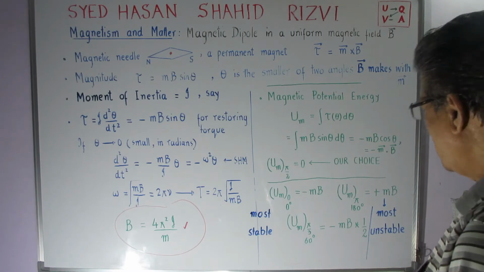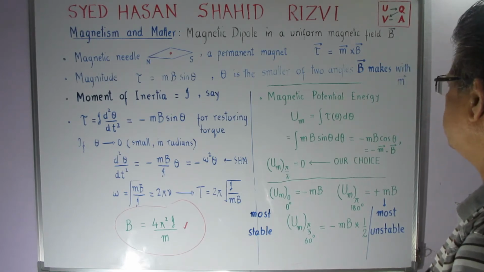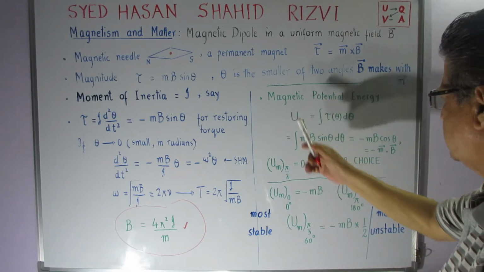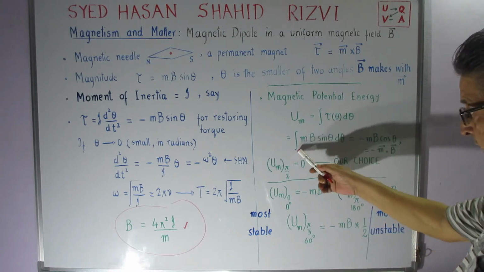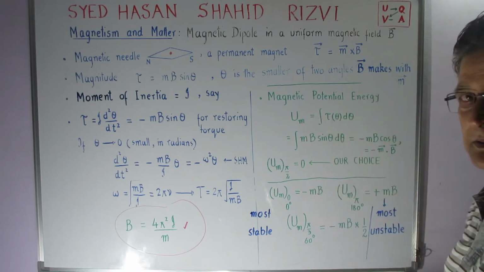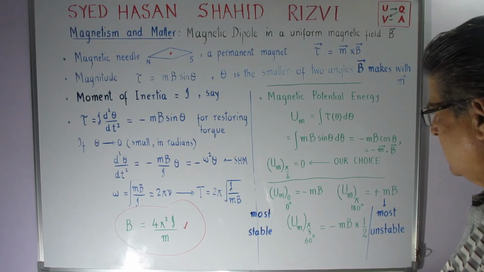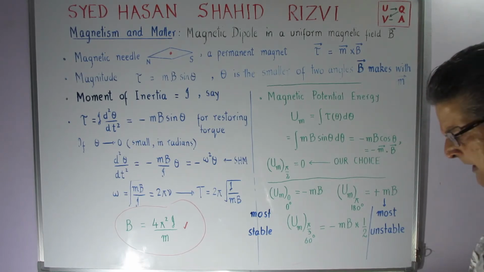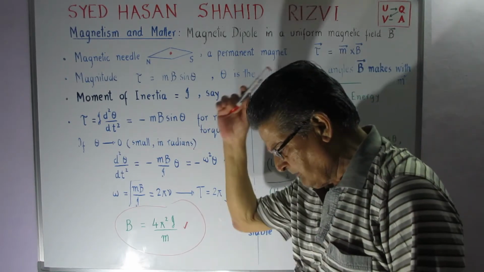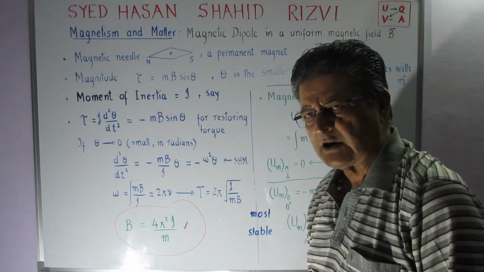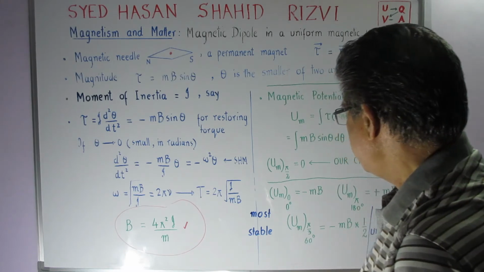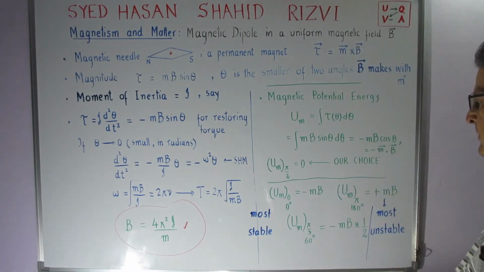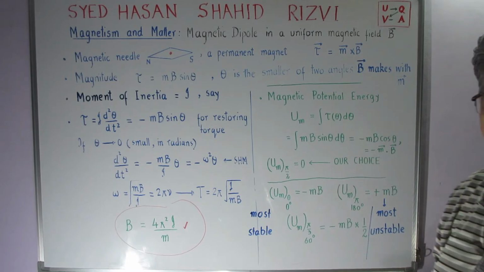The dot product of the two vectors m and b is associated with the magnetic potential energy of the system. Now, I have not taken any limits over here, but whenever we have been talking about potential and potential energy, we have had a choice as to what will be the zero.